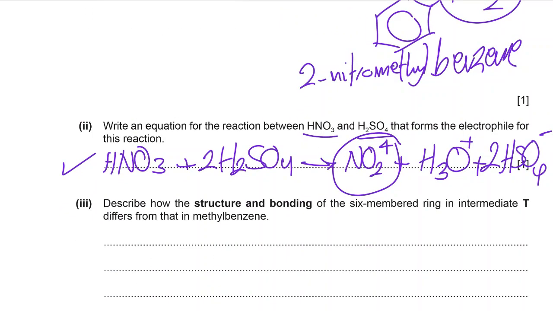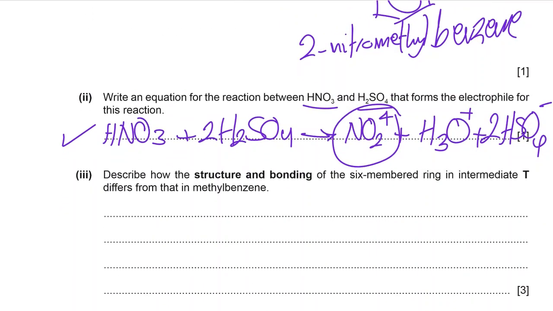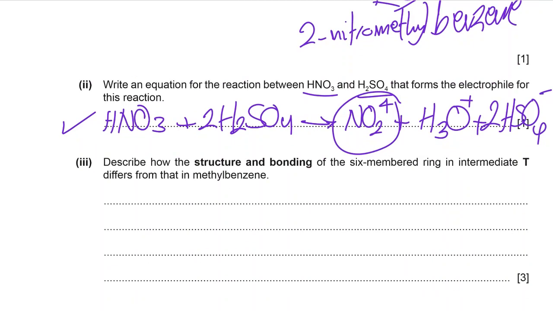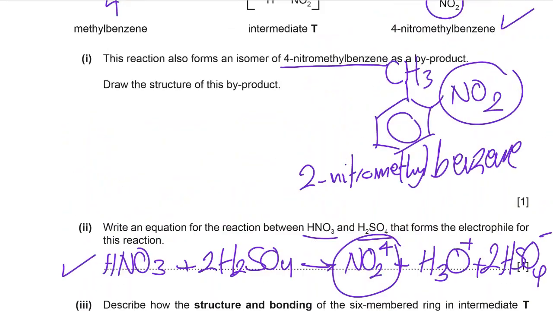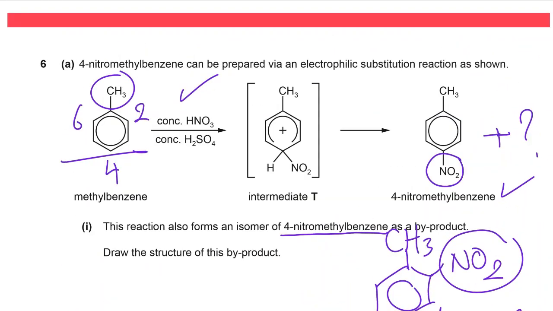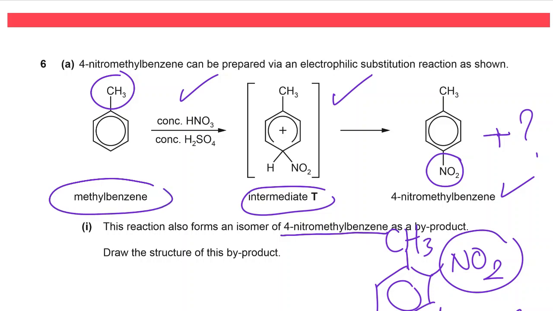In the next question, describe how the structure and bonding of the 6-membered ring in the intermediate T differs from in methylbenzene. So here you need to compare this one with this one.